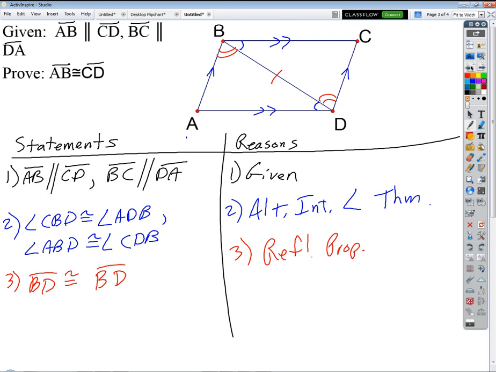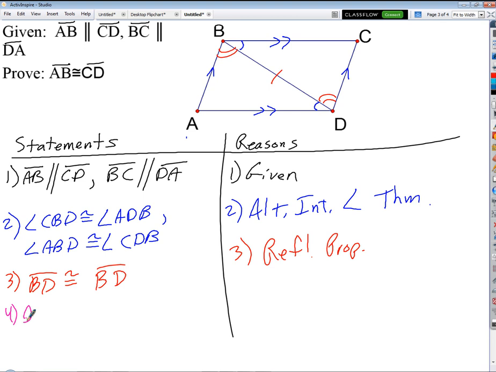Yeah. Okay. So step 4. Make a congruence relationship here for the triangles. What are we going to get? Triangle ABD we'll start with is congruent to triangle what? CDB.